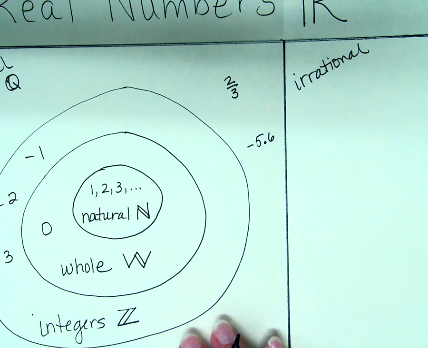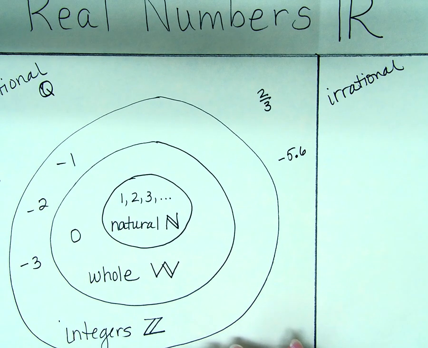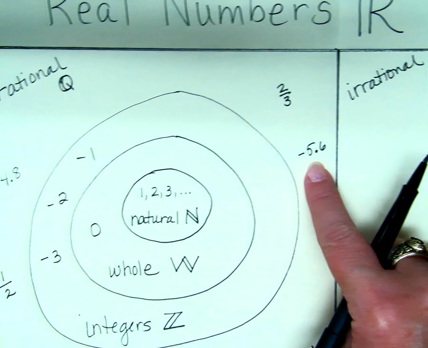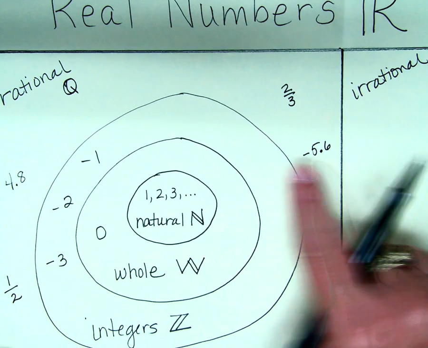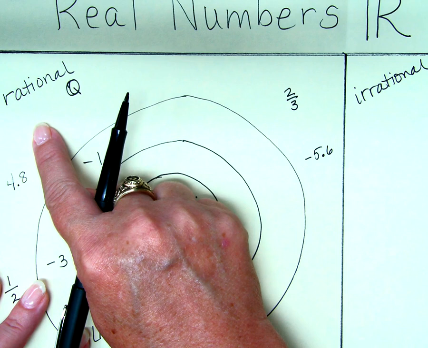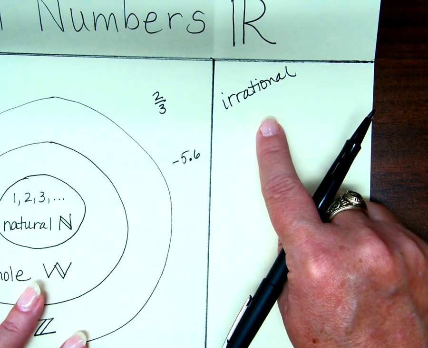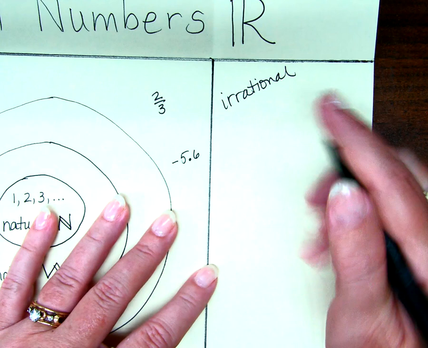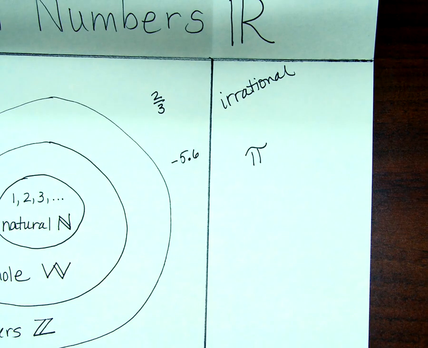Can you give me any examples of an irrational number? So that would be rational. That's okay. It's a good guess. If a rational number is a number that can be written as a fraction, an irrational number is a number that can't be written as a fraction. For example, pi. Exactly. Do you know any more?